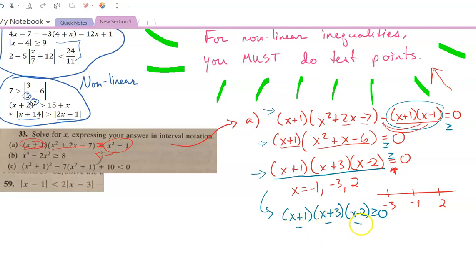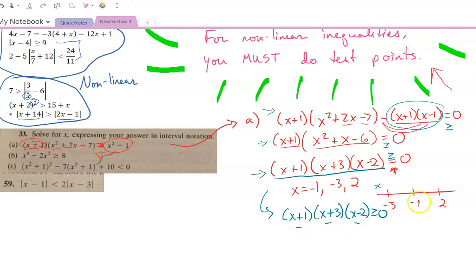Negative times negative times negative is not greater than or equal to 0, so that is not part of my solution, okay? Your teachers in the past probably had you actually evaluate with a number, so they said like plug in -4 and then you get some number. It doesn't matter how big or how small the number is. All we care about is that it is negative, okay?